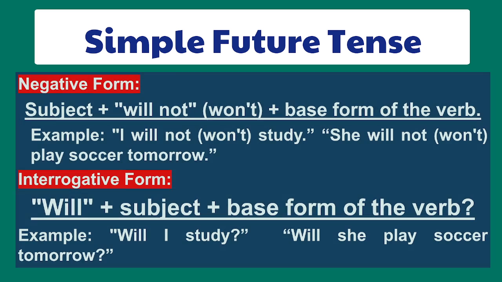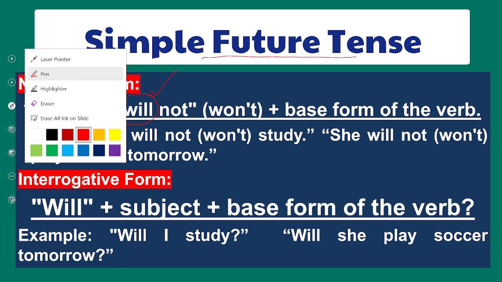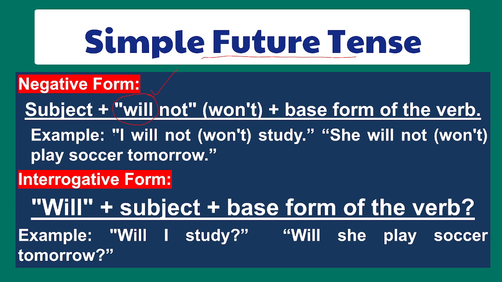So let's go further. Here we have the negative and interrogative form of the simple future tense. What do we have to do to make a simple future tense into its negative form? With the modal verb will or shall, we have to use not.